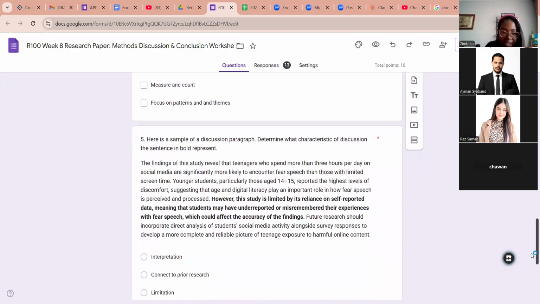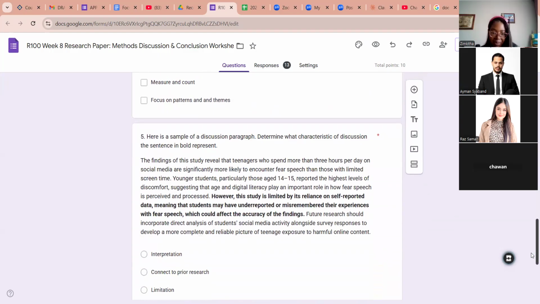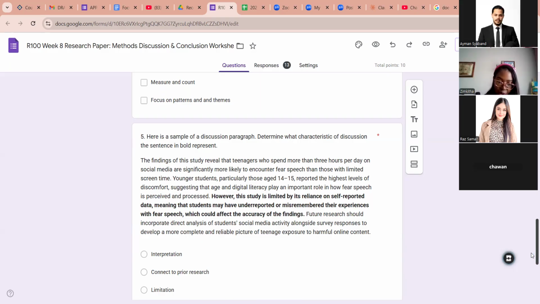The next one, here is a sample of a discussion paragraph. Determine what characteristics of discussion the sentences in bold represent. So the bold sentence says, however, the study is limited by its reliance on self-reported data, meaning that students may have underreported or misremembered the experience with fear speech, which could affect the accuracy of the findings.